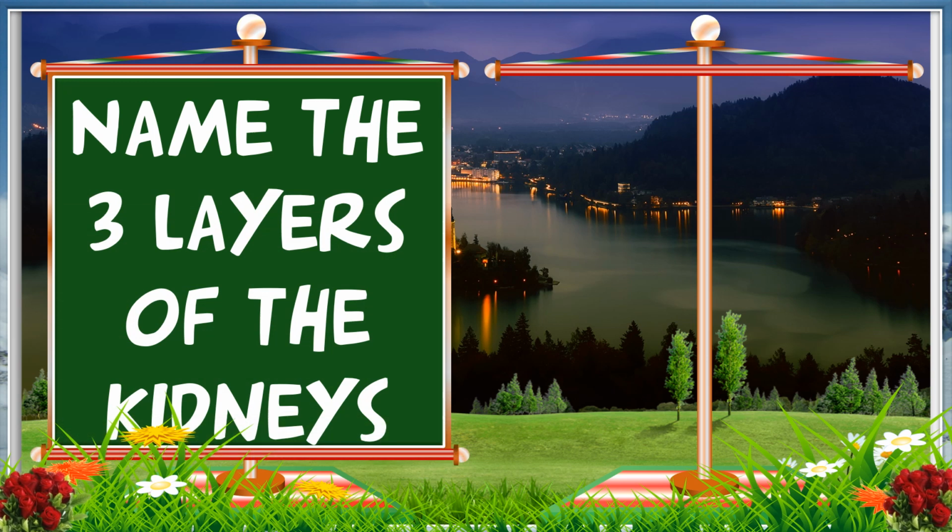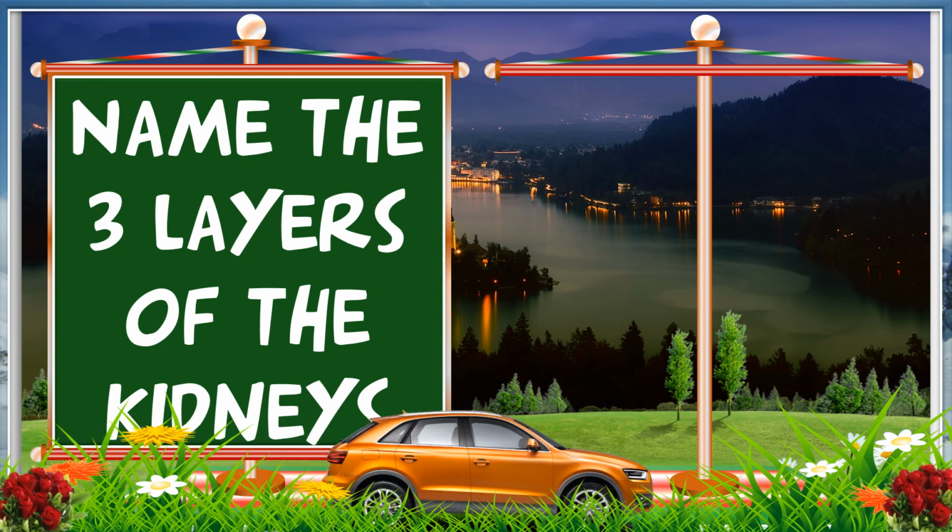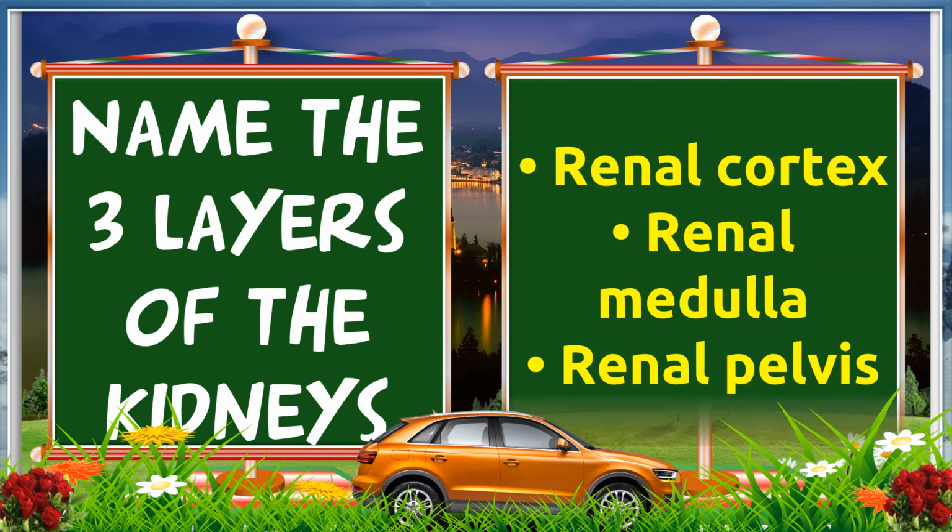Name the three layers of the kidneys. The first one is renal cortex, the second renal medulla, and the third renal pelvis.